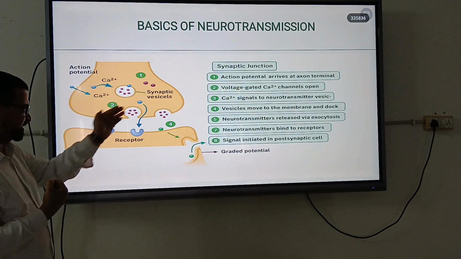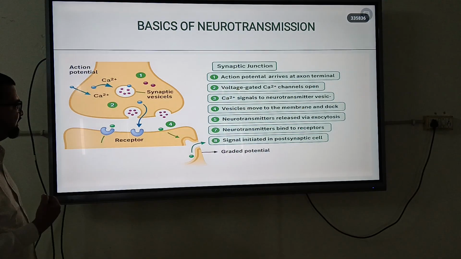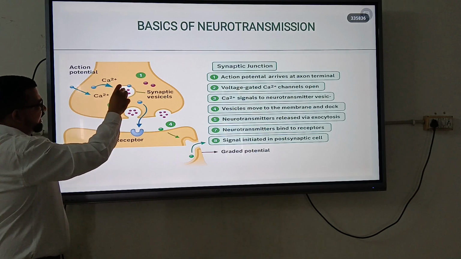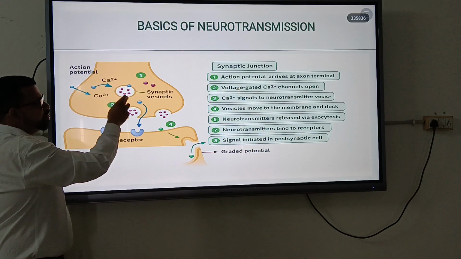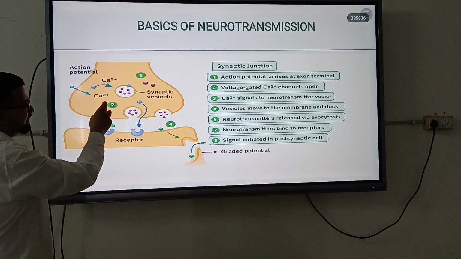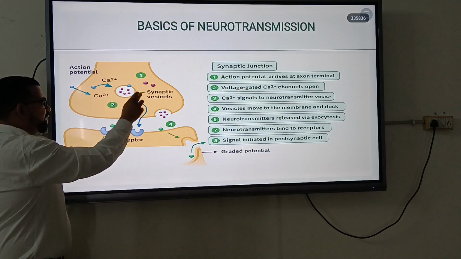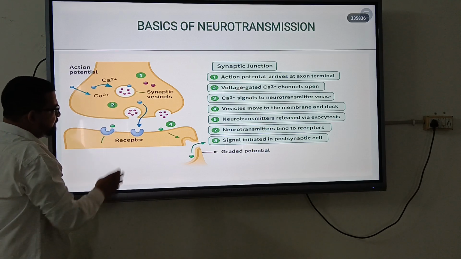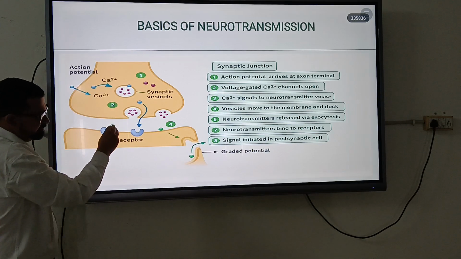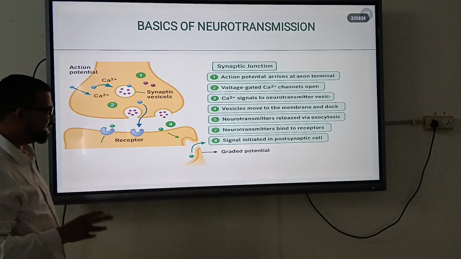The third step is that the calcium signals act on the neurotransmitter vesicles and open them. The neurotransmitter moves to the end part, where it is released by the process of exocytosis.